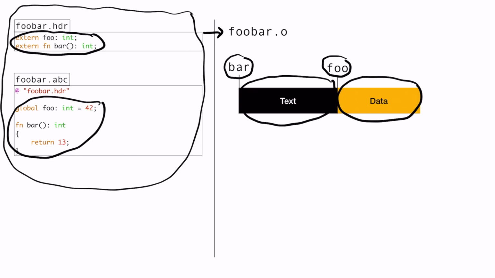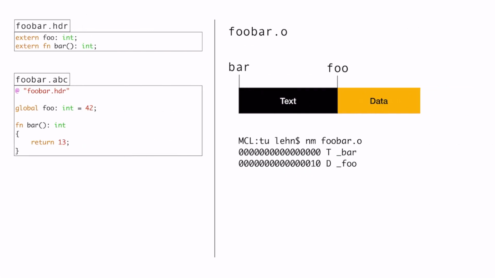And actually you can use a command called nm, for name, and give it as argument an object file, and then you will see this symbol table, this bookkeeping information. I'll show you how this looks on my machine. So this tells me there is some label actually called underscore bar at address 0.